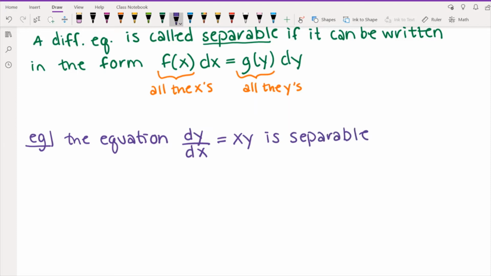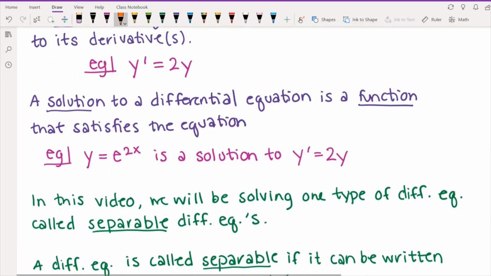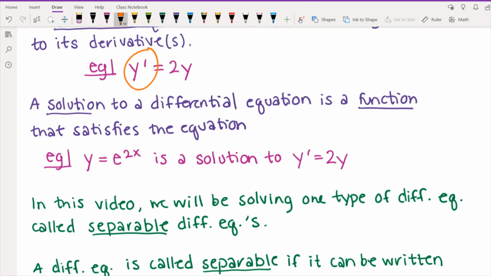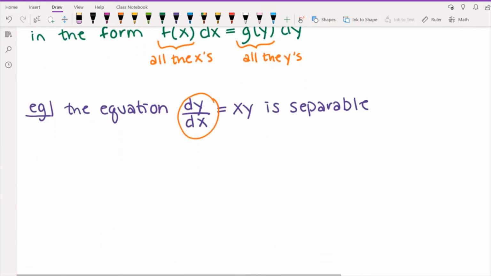By the way, you might notice this looks a little different from the differential equation at the top. You can either write a differential equation with dy dx, or you can write it with y prime. It means the same thing. And if it's written with y prime, you generally want to rewrite it as dy dx.